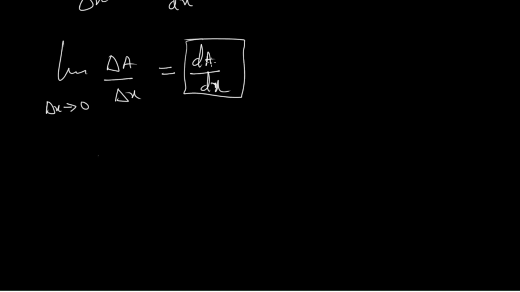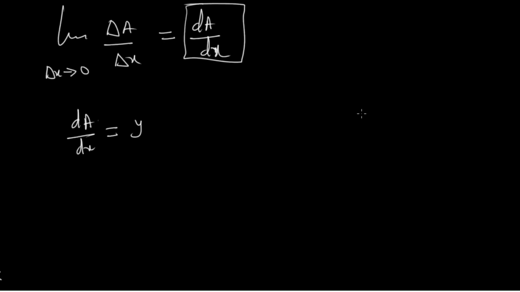So I'm just changing dA over dx to be equal to y. I now have that changing A over changing x equals y. And don't forget, from our curve, we have that y equals f of x.